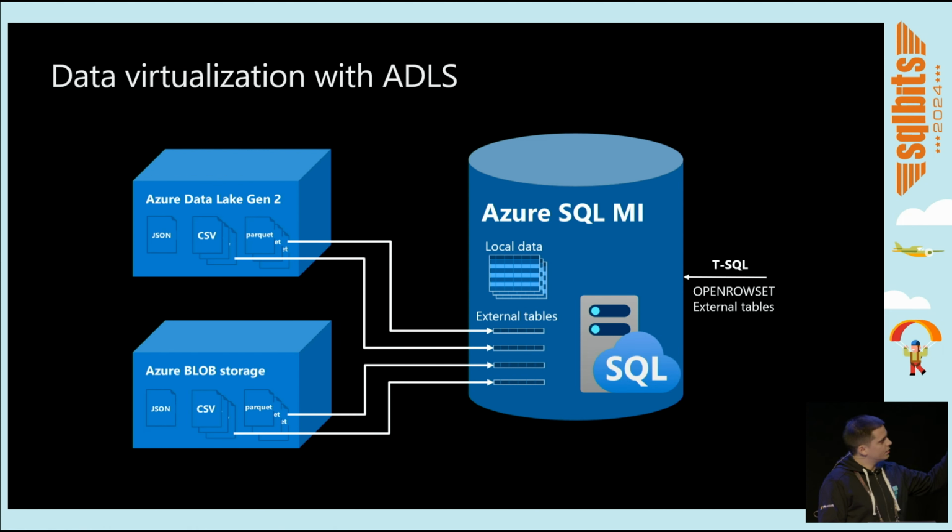As for the supported sources and data types, you can query data which is stored in Parquet files, in CSV files, or in JSON, and it can be either in Azure Data Lake Storage Gen2 or in Azure Blob Storage. So all this is possible with managed instance and with data virtualization. But there's also the other way around.